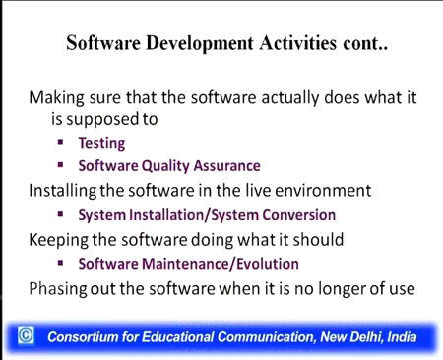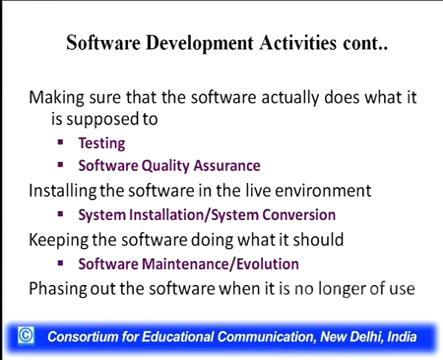After the system integration has been done, the next step is known as the testing phase. Testing and maintenance is the most important and the most cost bearing phase, because in this phase the software quality assurance activities are done. To make sure that the software is doing what it is supposed to do, testing and quality assurance is very important.